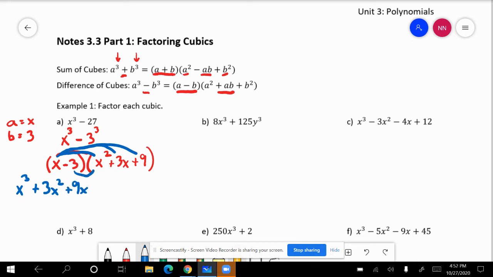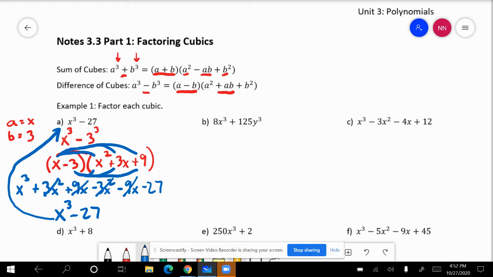Negative 3 times x squared is negative 3x squared. Negative 3 times 3x is negative 9x. And negative 3 times 9 is negative 27. Notice that the 3x squareds cancel, the 9x's cancel. We're left with x cubed minus 27. So we can see that that's our original problem, and that shows us that the formula actually works.